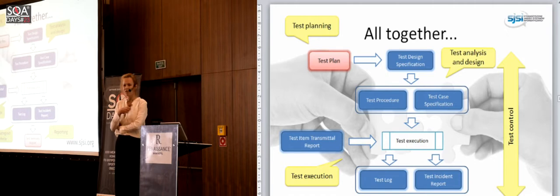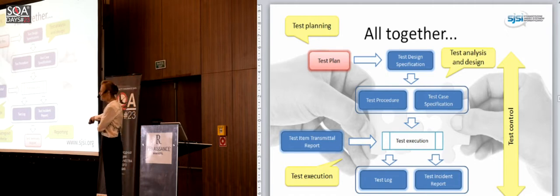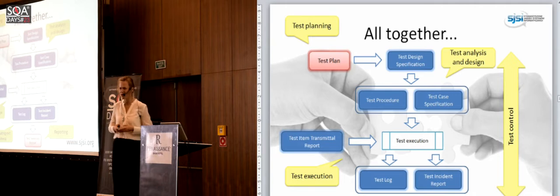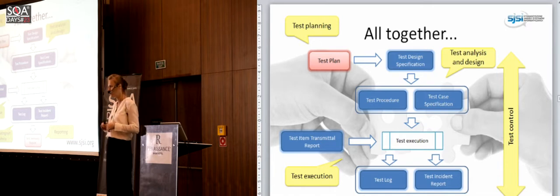And from the tester's point of view, these things are a little bit annoying, because it's reporting and marking passed, not passed, a lot of bureaucratic work. But from the management point of view, this is necessary to know the status of the project. And by the way, to be able to evaluate the quality of the product itself.